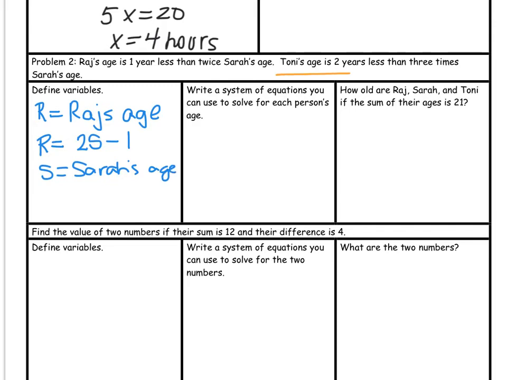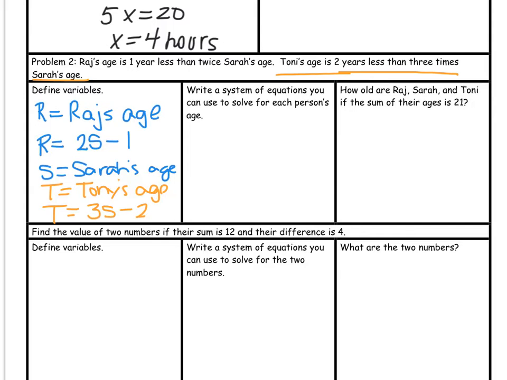So now we're on to Tony. If t equals Tony's age, and Tony's age is 2 years less than 3 times Sarah's age. So Tony is 3s minus 2.